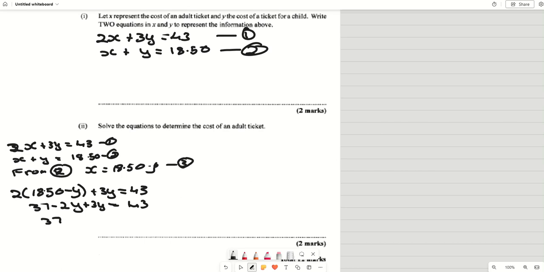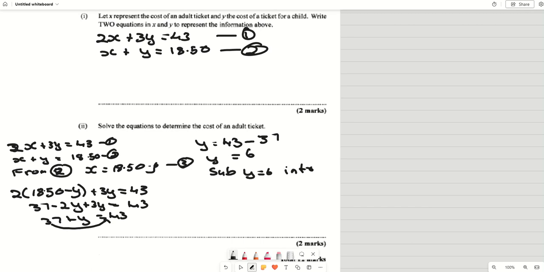So that's 37 plus y is equals to 43. So now y is equals to 43. We carry across plus 37 over the equal sign, I'll turn to minus 37, sorry. So y is equal to 6, right? And then you substitute y is equals to 6 into equation.